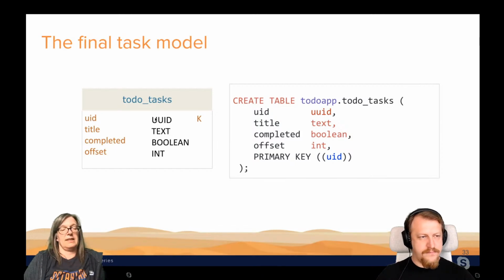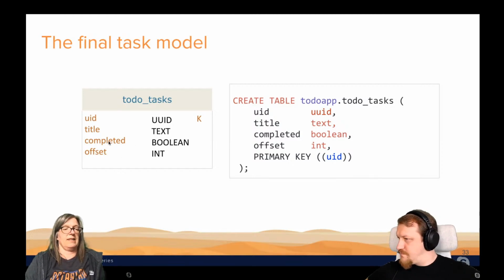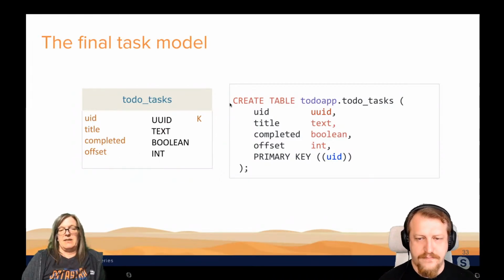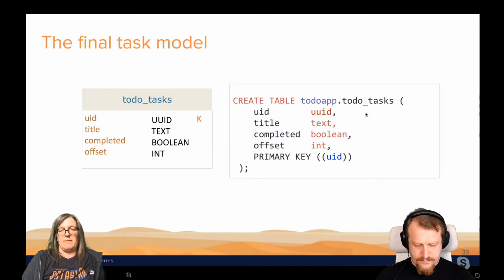We have the title, which is the description of the task. We have the Boolean flag in order to mark it as completed. And we still have the offset in there, which we're not using today. And this translates to the table in Cassandra. And there's this very important concept of the primary key in Cassandra, which uniquely identifies the row.